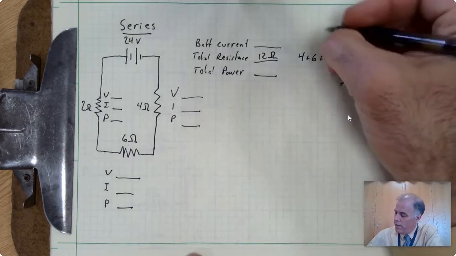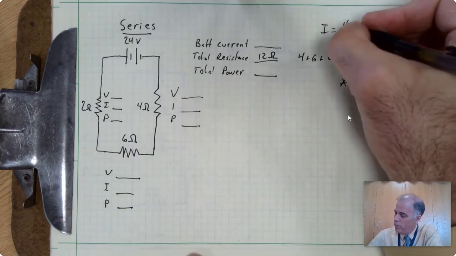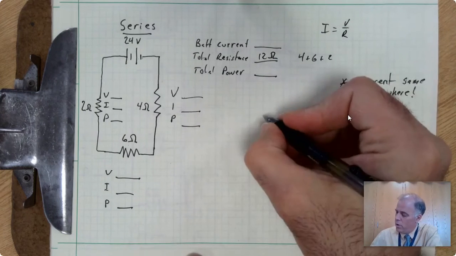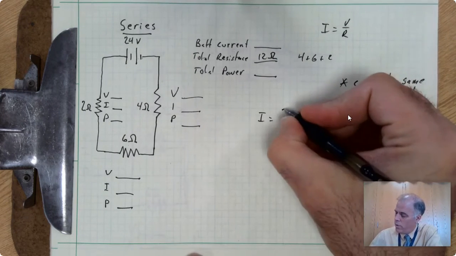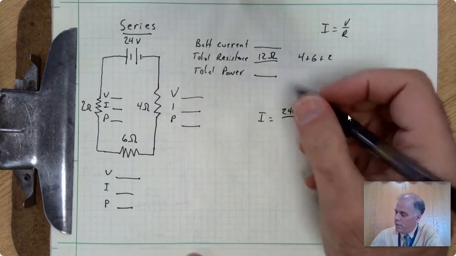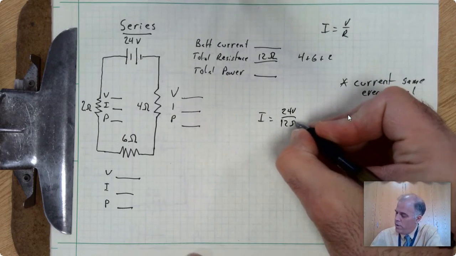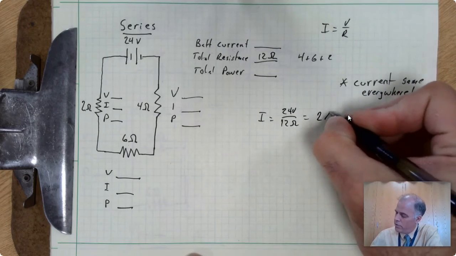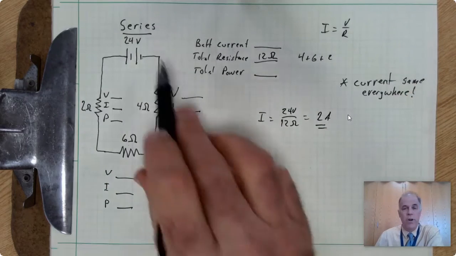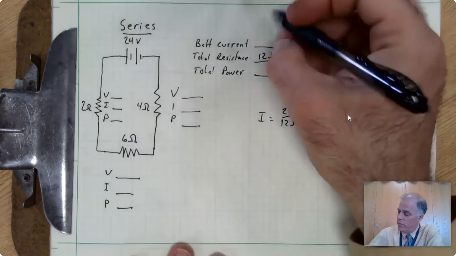Ohm's law is I equals V over R. So I is equal to 24 volts divided by 12 ohms, which means 2 amps. 2 amps of current will come out of the battery.